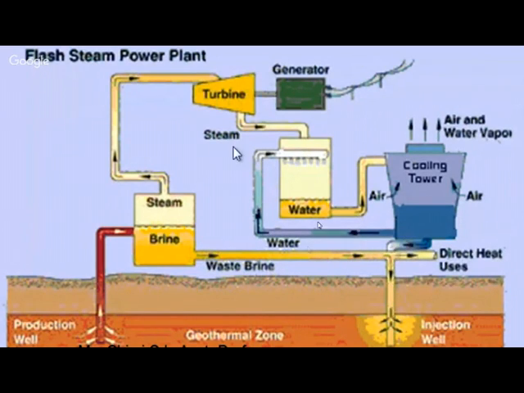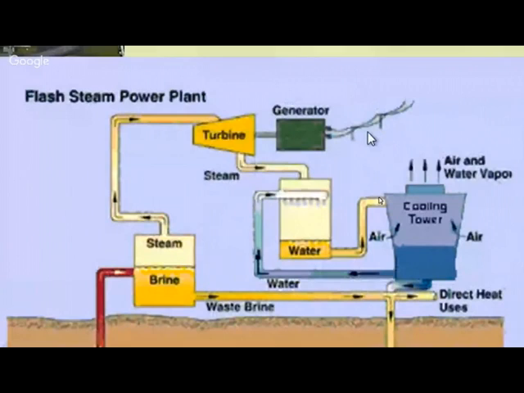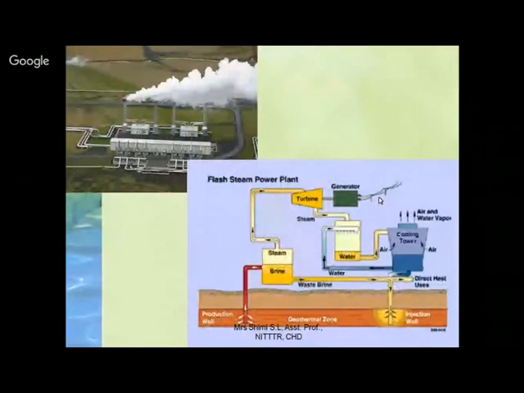Water is used here for cooling purposes, and the waste product, which is said to be the brine, goes back again. The cooled water will also come down. So this is the general structure of a geothermal power plant.